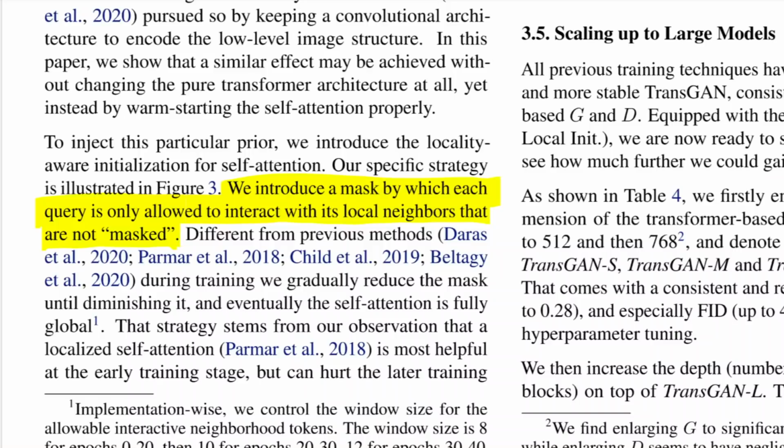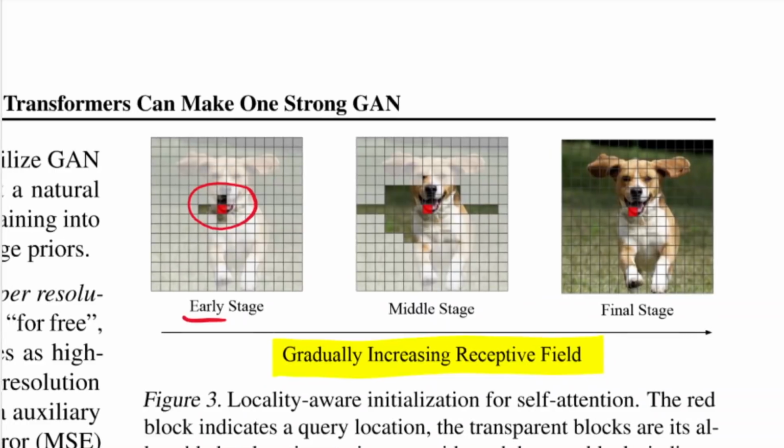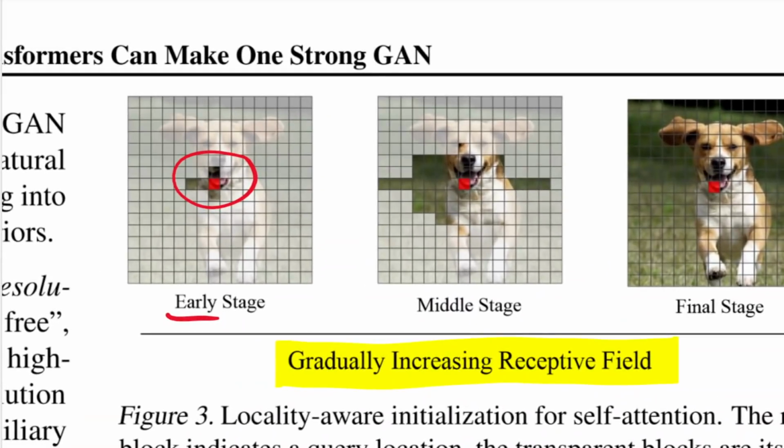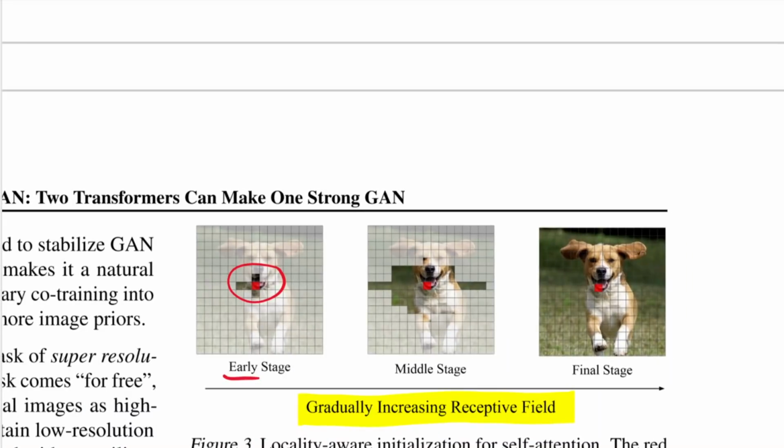Okay? And then they say, different from previous methods, during training we gradually reduce the mask until diminishing it. Eventually, self-attention is fully global. Okay? So at first, they say, in the transformer layer, you have the keys down here.